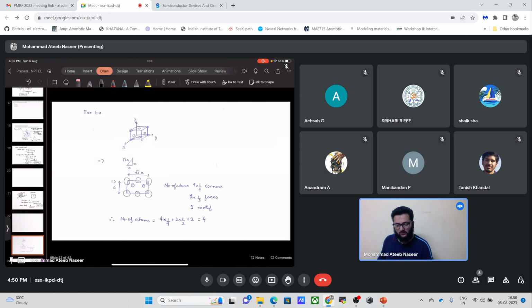Now for this 110 plane, I have already kept a slide of it, so that I don't have to draw it again and again, and we don't face any issues due to my drawing. You can see this plane looks like this. It intersects the x-axis, it intersects the y-axis, however it does not intersect the z-axis. This is what the 0 means, that it is not intersecting the z-axis.